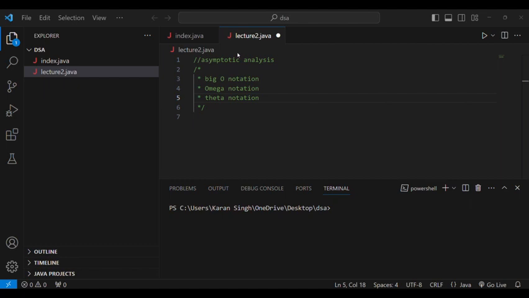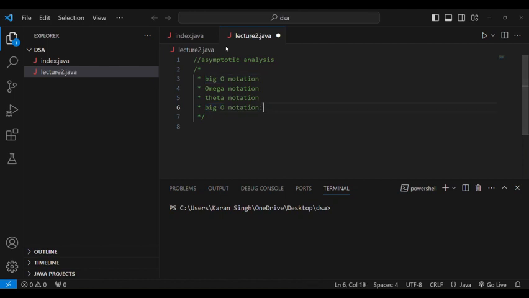So let's discuss each and every notation. Now we read specifically about each one. I copy it and paste it for detailed explanation. That is big O notation. What is big O notation? In a simple way, big O notation represents the upper bound of the running time of an algorithm. Thus, it gives the worst case complexity of an algorithm, meaning it gives the worst case of time complexity.